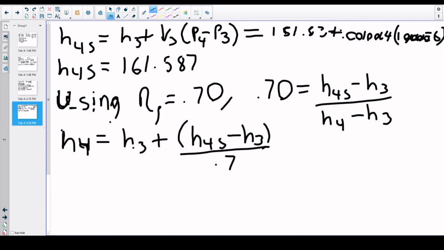And it'll be pretty quick instead of having to maneuver the equation to get what you want. And we get an H4 value of 165.897.